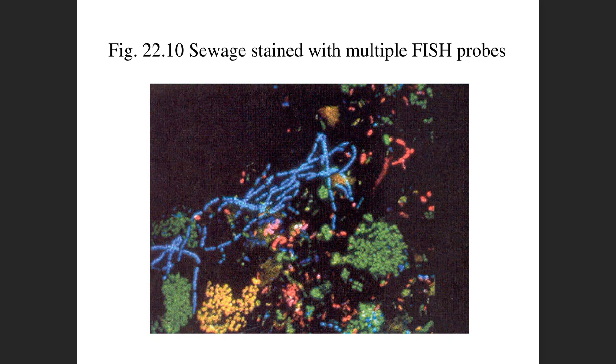You can try different colors, blue, red, green, and that's why sewage, with a mixture of different bacteria, has a whole rainbow of color. Each color represents a particular bacteria. Good? Any questions?